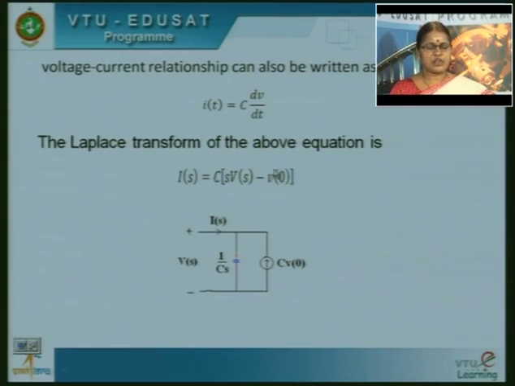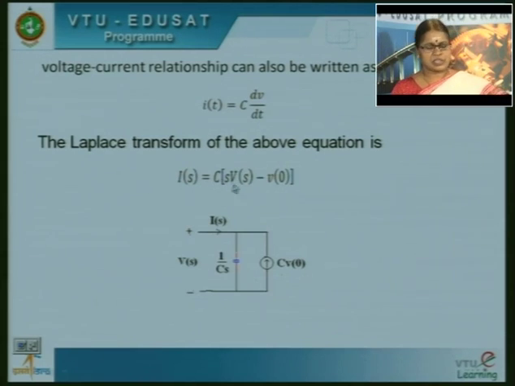The C into V(0) can be viewed as a current source whose value is C into V(0). And this term can be viewed as V(s) divided by 1 by Cs, which results in Cs into V(s).